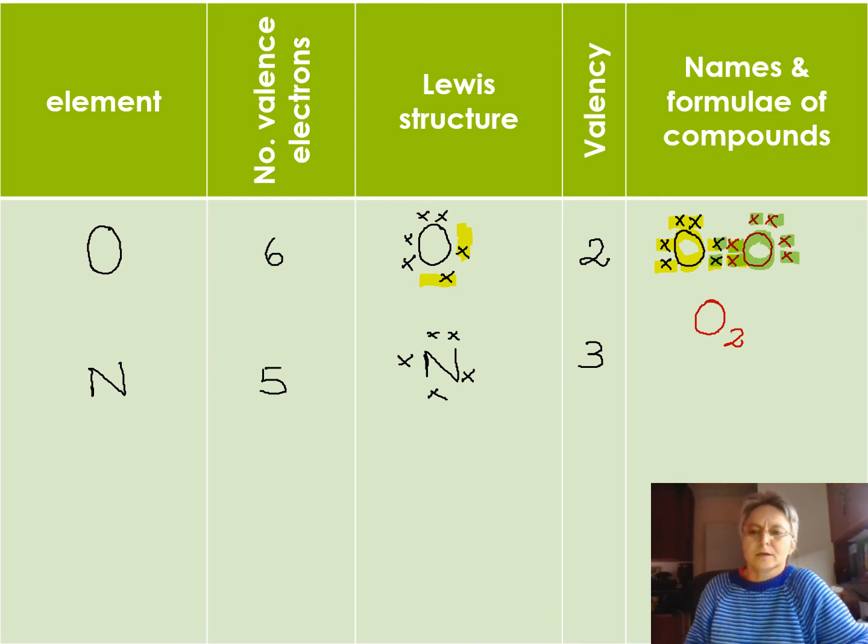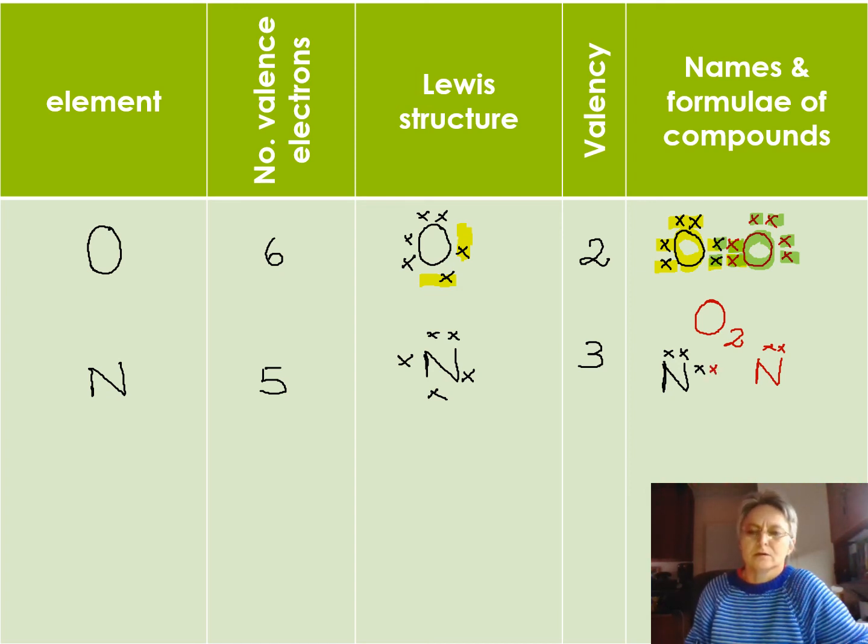If I take one nitrogen atom and I want it to form a bond with another nitrogen atom, there are 3 electrons from the one atom that can be shared with 3 electrons from the other atom.